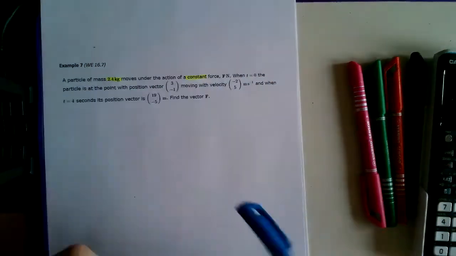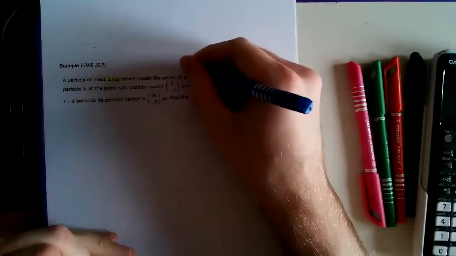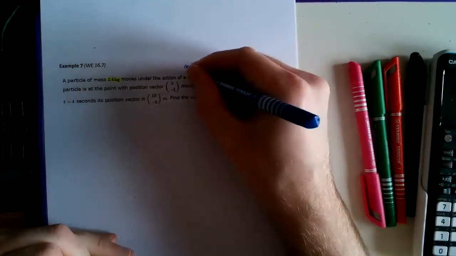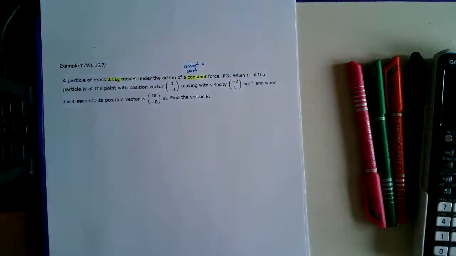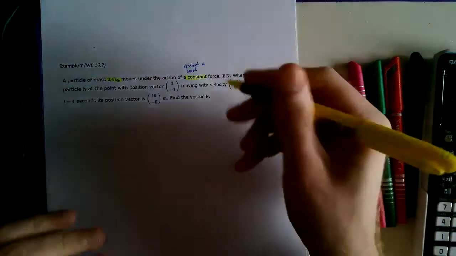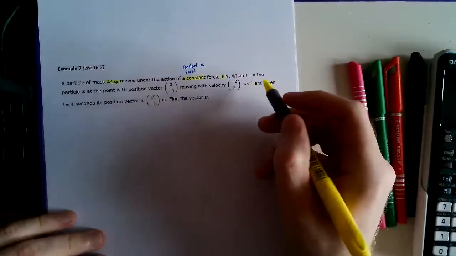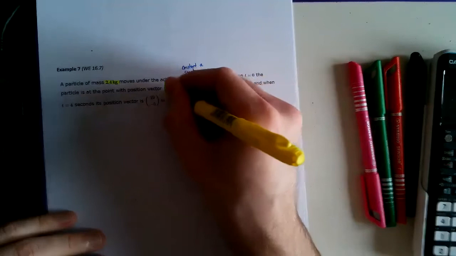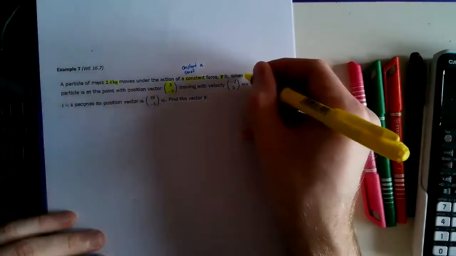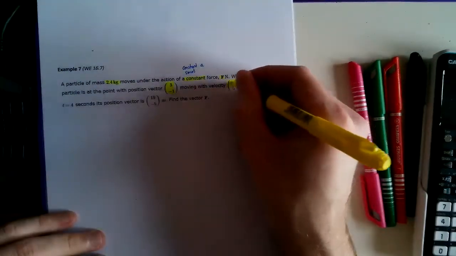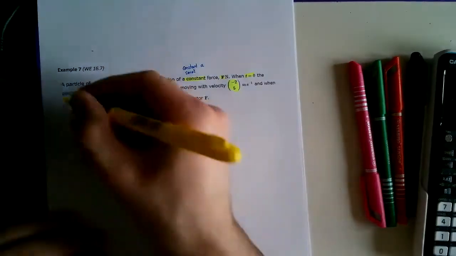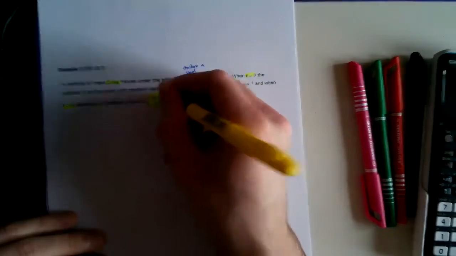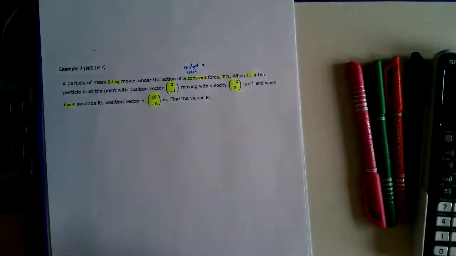So constant force means constant acceleration, which means SUVAT. And the force is F. When t is 0, the particle is at the point of position vector 3 minus 1, moving with that velocity there. And when t is 4, its position vector is that there. So find the vector F.